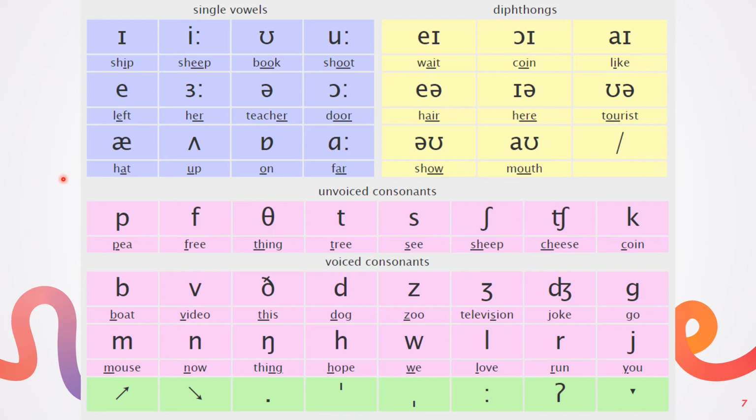Let me show you what we're going to be studying through this course. First of all, we're going to start with single vowel sounds. Then we will proceed with the diphthongs. And when we complete this section, we will proceed with the pronunciation of unvoiced consonants and voiced consonants.